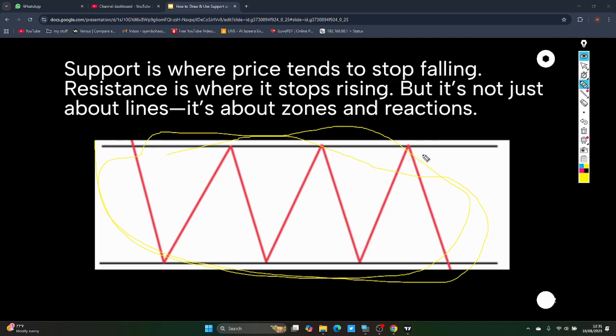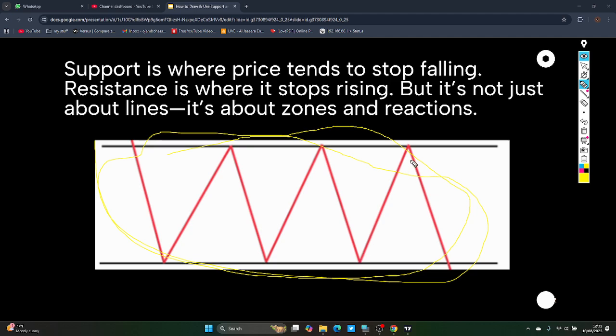Up here is our resistance and down here is our support. Why is this our support? Because whenever price comes to this level, it stops falling and gets the support it needs to bounce off and go back upwards. When it comes back here again, it does the same thing, and again it gets the support it needs.